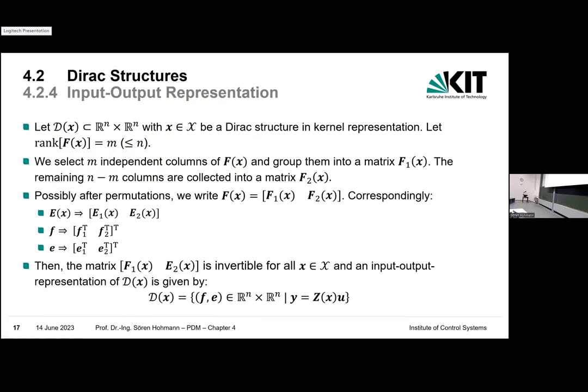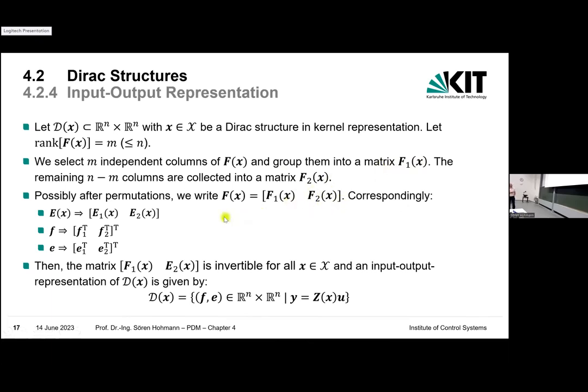This is not always directly possible; you cannot always take the first 5 and the next 10 are dependent. Sometimes you have to regroup them, with a permutation of the variables, if it's not given in that form before. I give you an example in a second. So you do this and group them in matrix F1, and all the rest is put in F2.